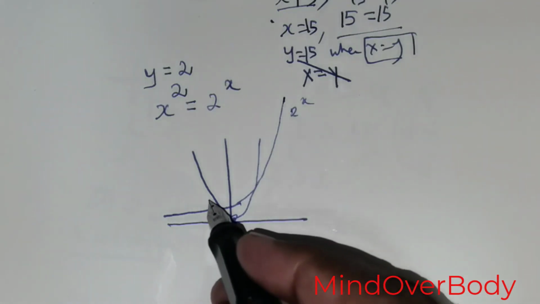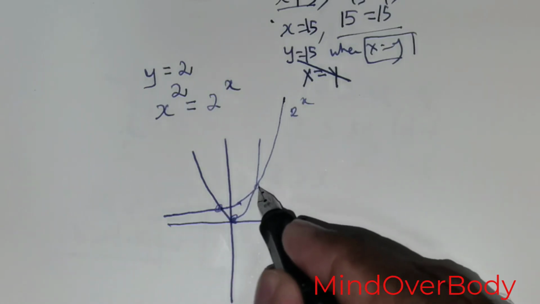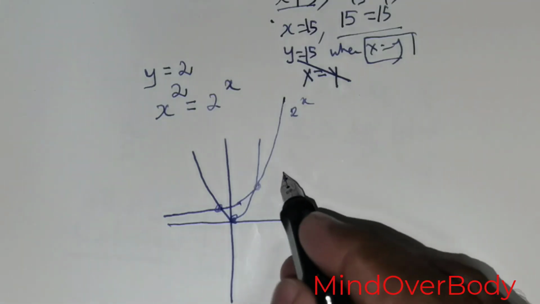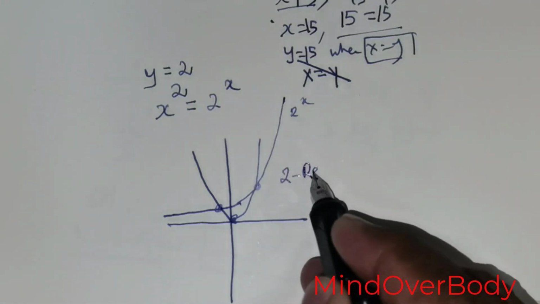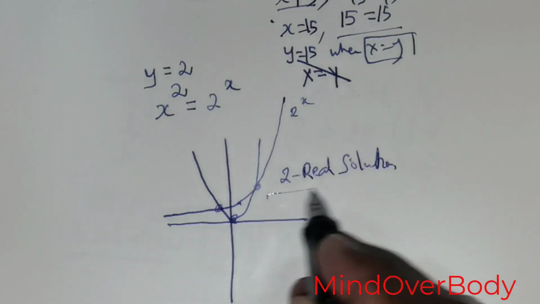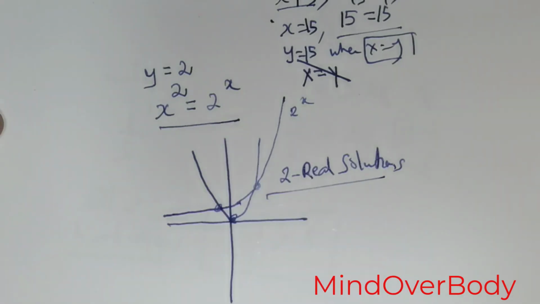So if you can clearly see, there is a point of intersection over here, and there will be a point of intersection over there. So there are actually 2 real solutions, if I were to take the equation in this fashion.